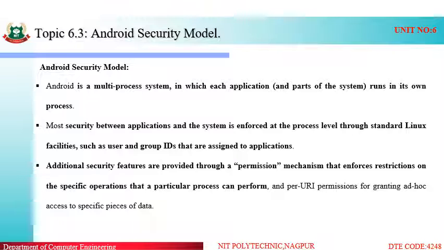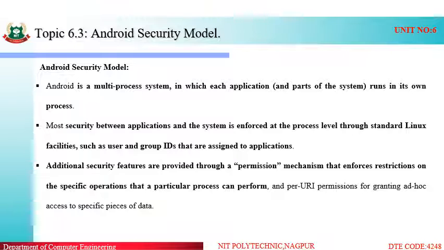The custom permission mechanism enforces restrictions on specific operations that a particular process can perform. So basically these are the custom permissions that the application developer gives to the particular users who may be using our application.